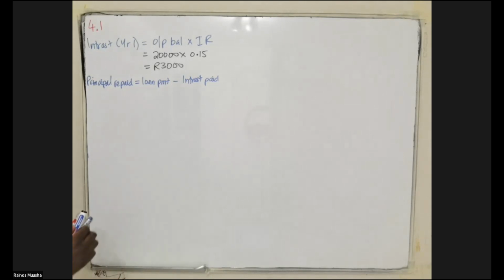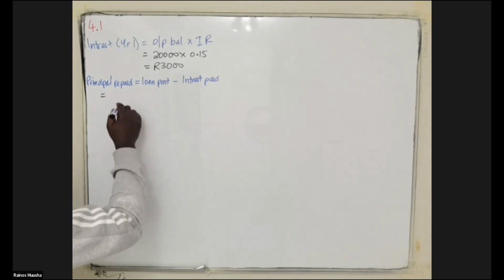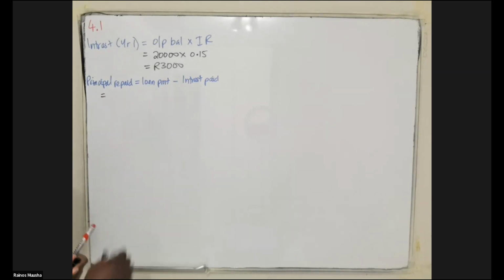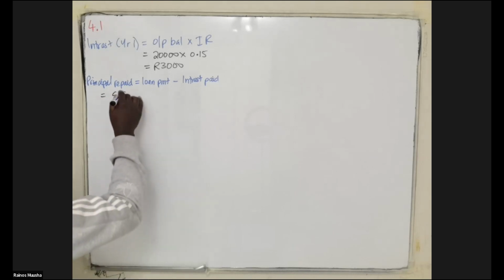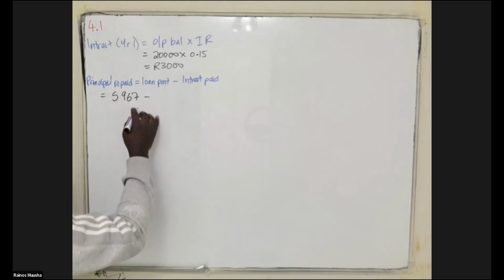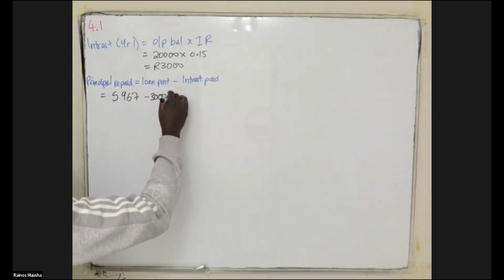So which means in this case, your principal repaid is going to be equal to your loan payment. We know that in each year we're making loan payments of 5,967, and in the first year we paid interest of 3,000.